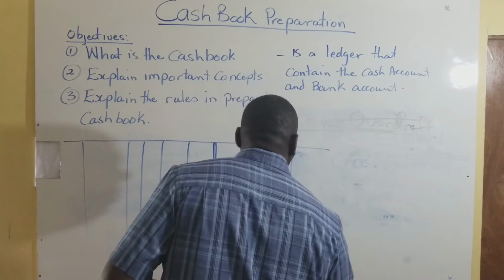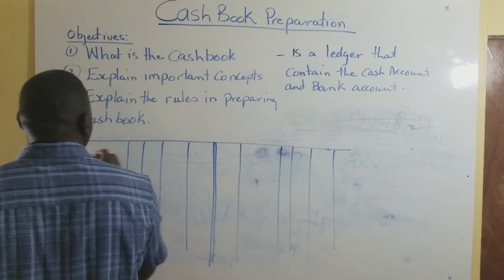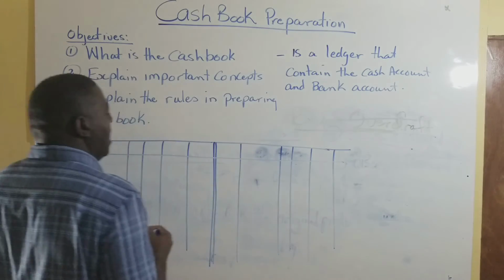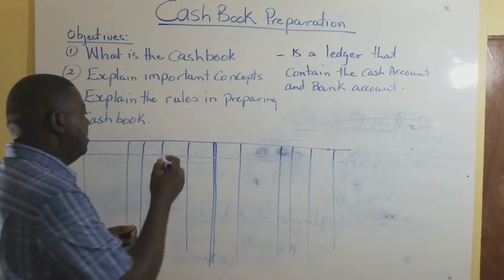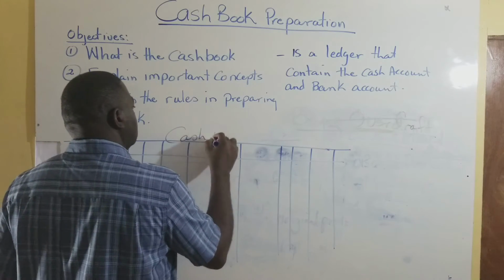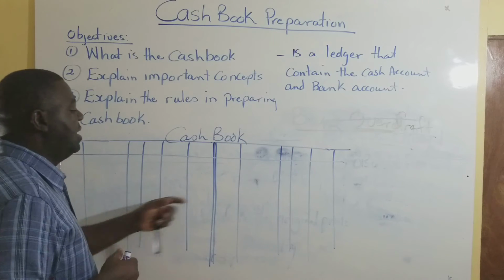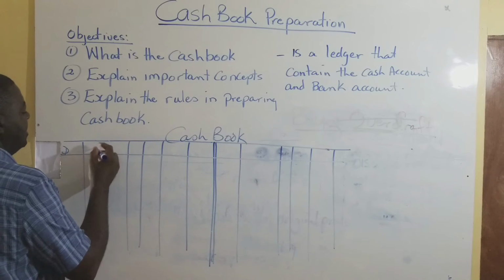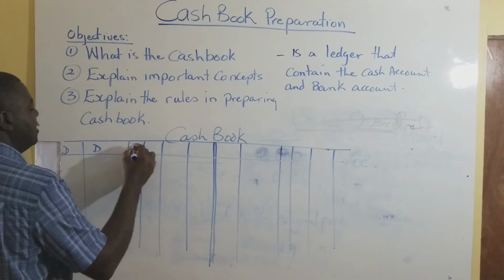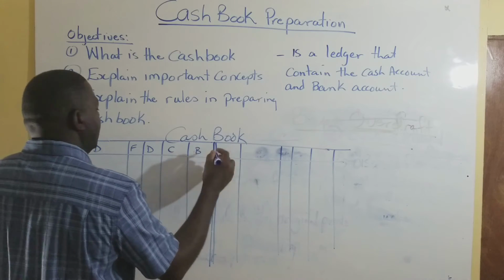In the cash book, there are 2 sides, and the double line indicates the difference between the sides. So this is the cash book. This column would be the date. I'm using just the first letter: D for date, this will be the details, this is the folio, this is discount, this is for cash, and this is for bank.